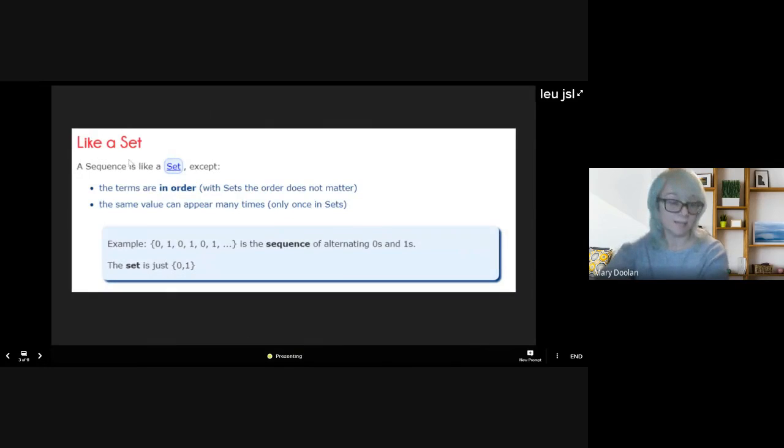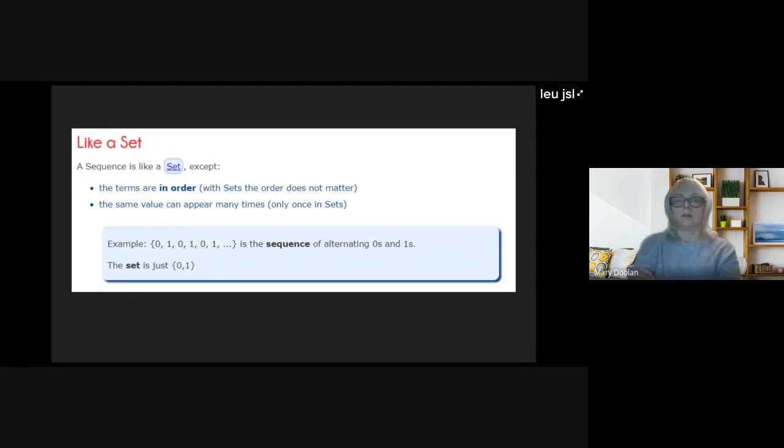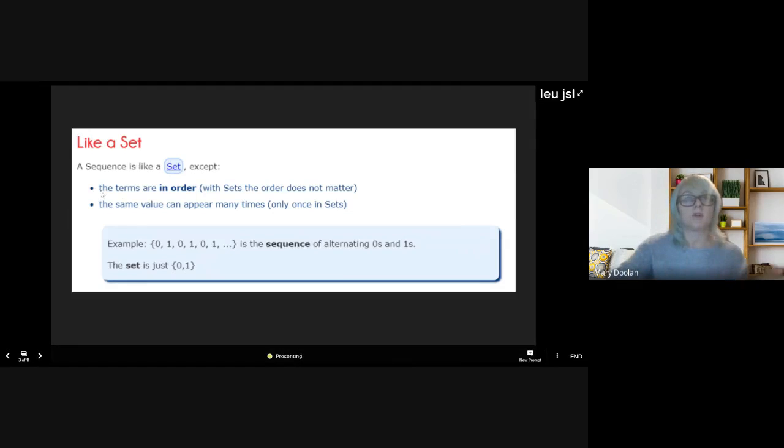It's like a set. Okay, we've looked at sets of numbers. And so it's similar, except the terms in a sequence are in order. Okay, they have to be in order. With a set, if you have a set of numbers, they don't necessarily have to be in a certain order.